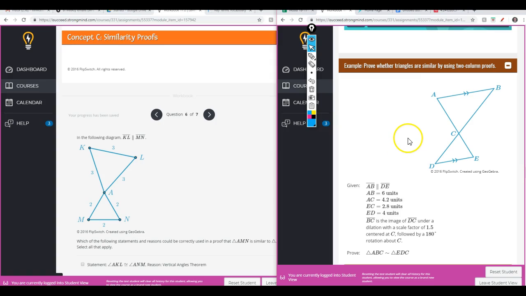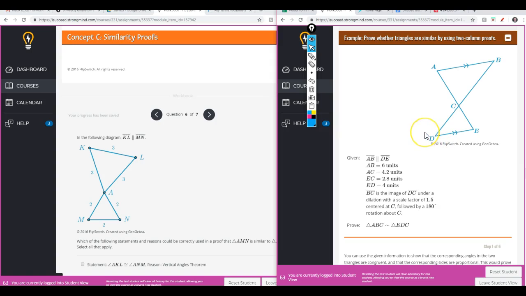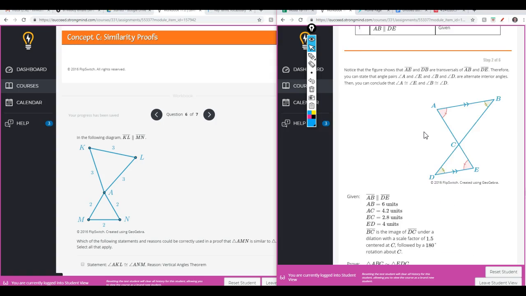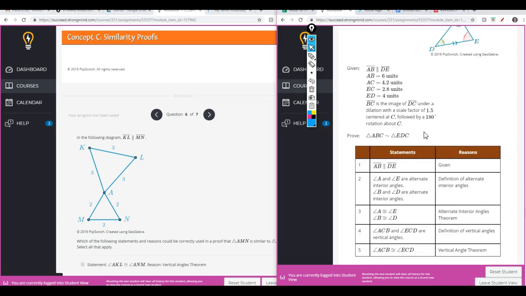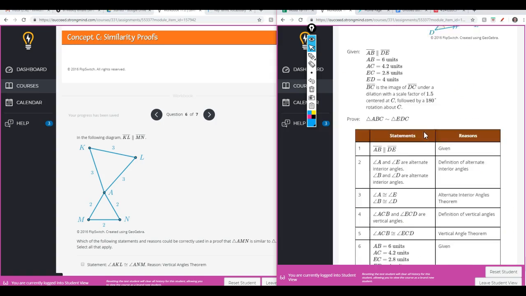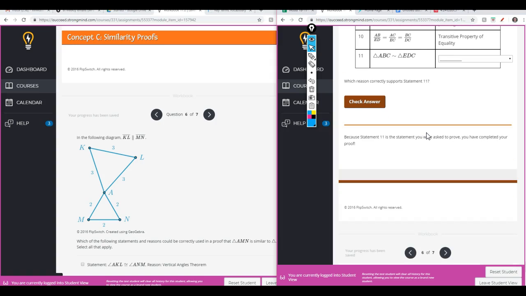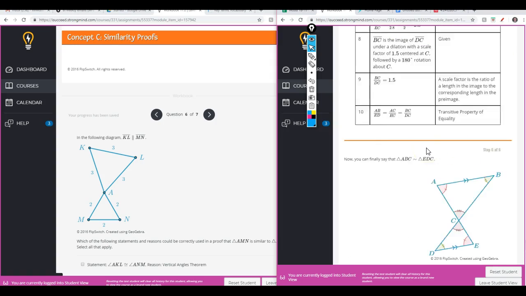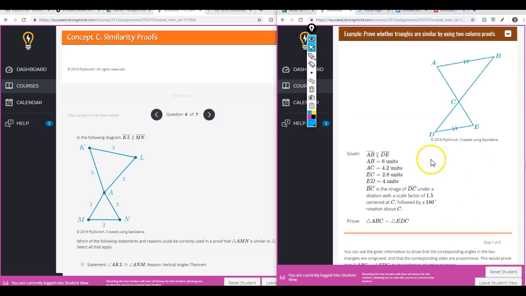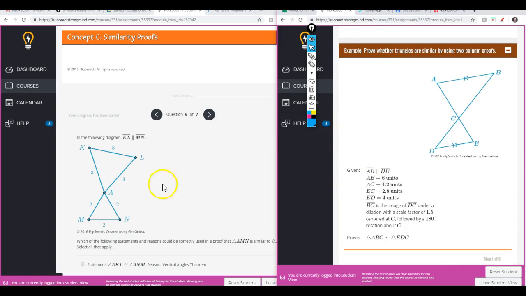Alright, this one is similar. I'm going to scan some more to see if there's another one that's given, and there's not. So let's go back and look at this.